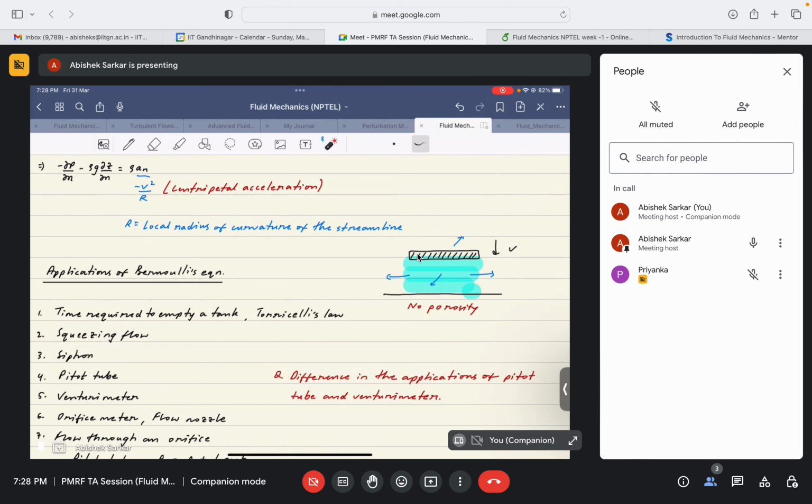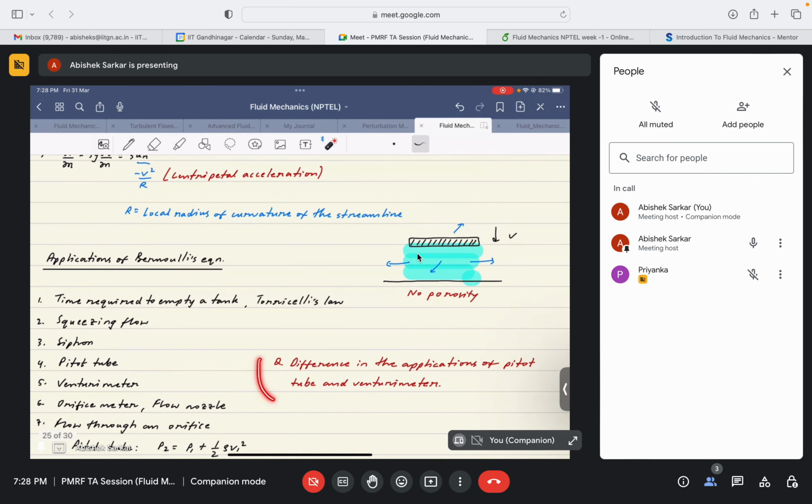Yes, sir. Okay, then I guess he has also mentioned the venturi meter. Yes, sir. Okay, so given these two things, I have written the question here: the basic difference between the applications of a pitot tube and a venturi meter in flow measuring devices.